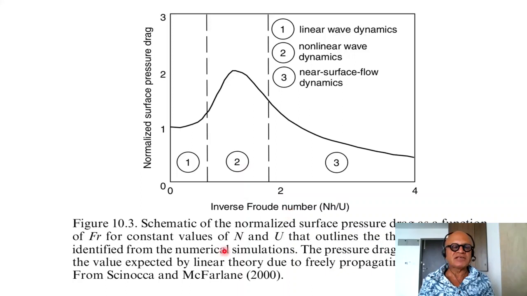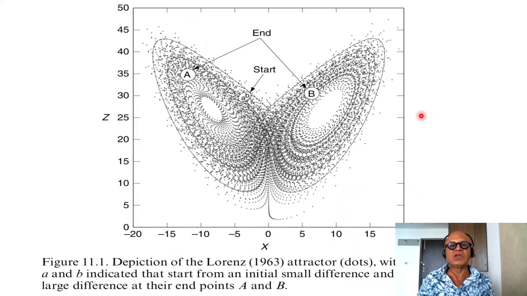Pressure drag is normalized by the value expected from linear theory due to freely propagating gravity waves. So gravity wave drag is a very critical parameter as well. Normalized surface pressure drag, so you have linear wave dynamics, non-linear wave dynamics, and near surface flow dynamics together determining the inverse Froude number, which is done carefully with very high resolution large eddy simulations, and so on and so forth.